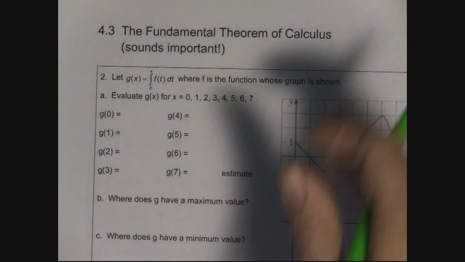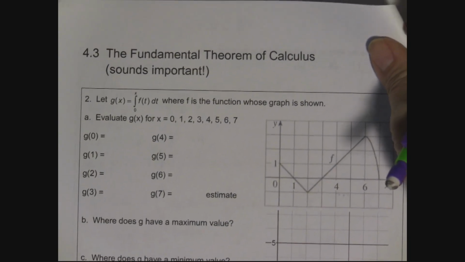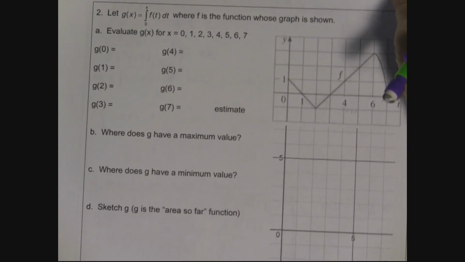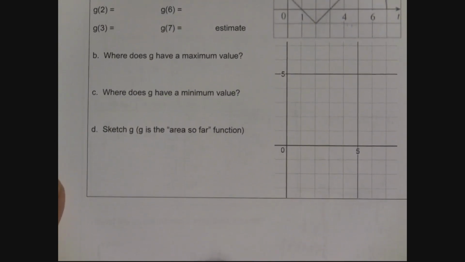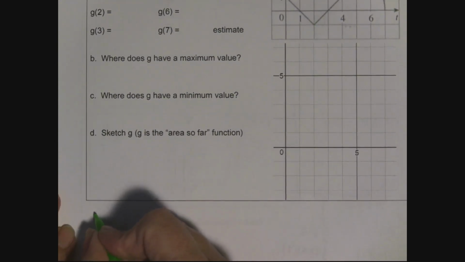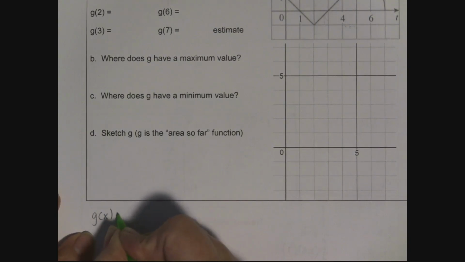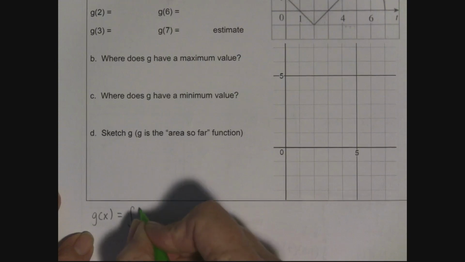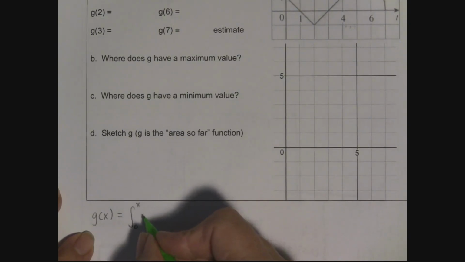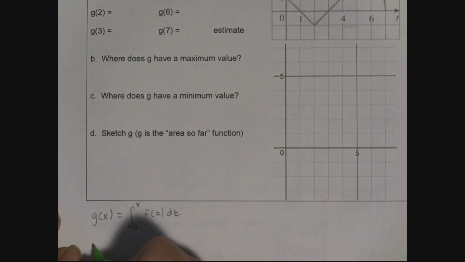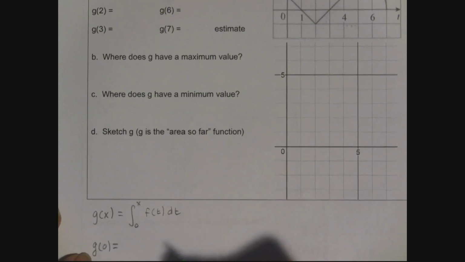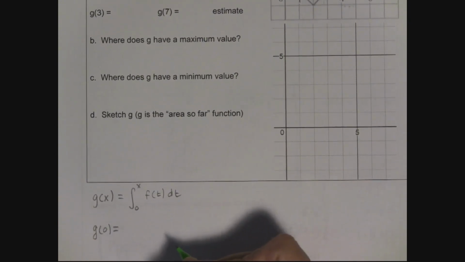And so I don't want to have to write all of these up here, and I should have given more room, but I'm going to write it down below, just so that you can see. So g of x equals the integral from 0 to x of f of t dt, so that if they ask me to find g at 0, everywhere you see x, you're going to replace it with 0.